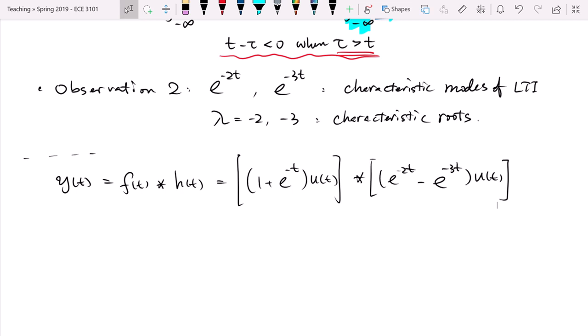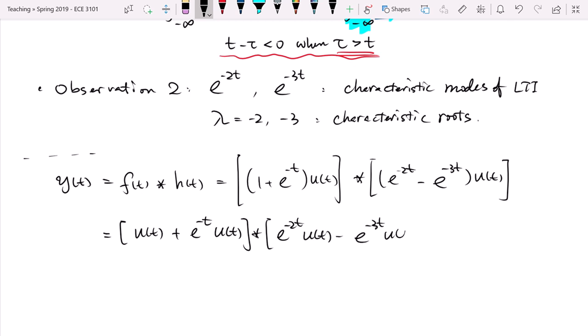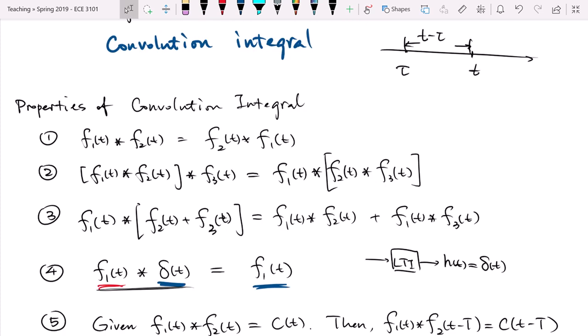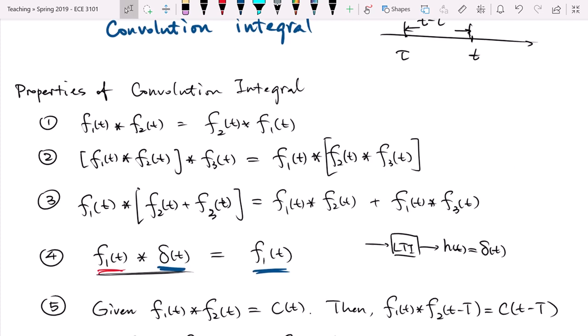And keep in mind that multiplication and the convolution integral are two different things. Do not mix them up. They shouldn't be confused with each other. Moving forward, expand them into two terms. The first one, e to the negative t u of t, then e to the negative 2t u of t, minus e to the negative 3t u of t.